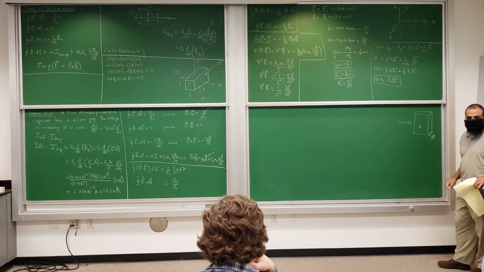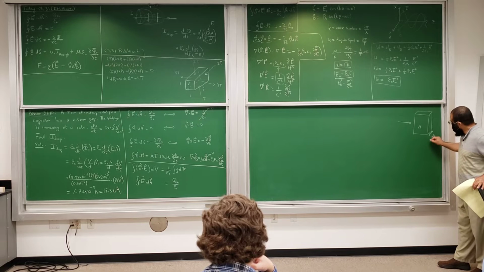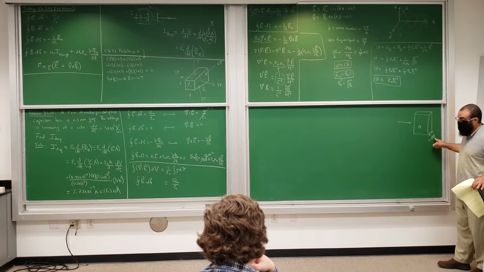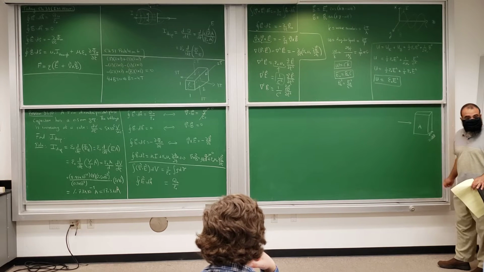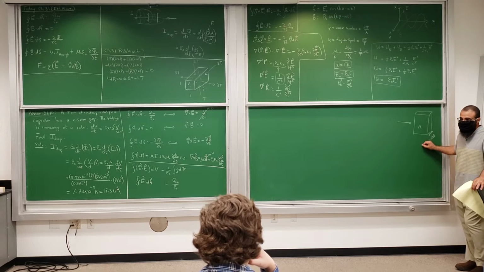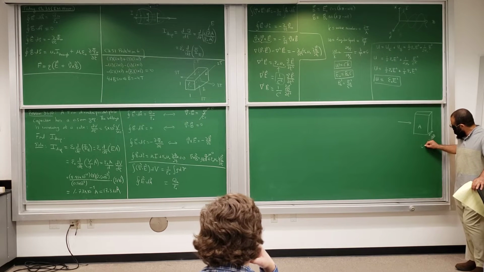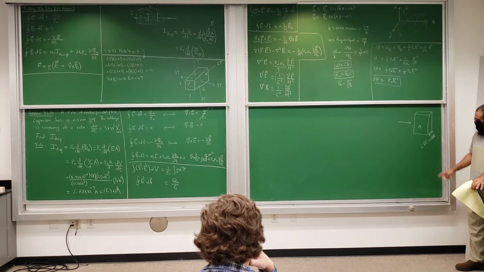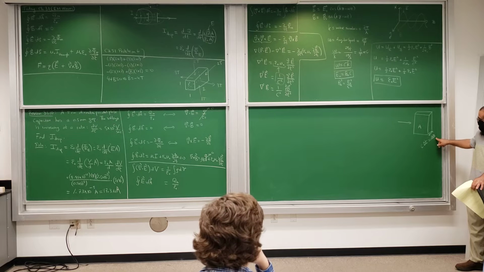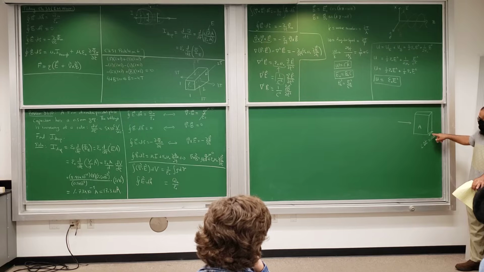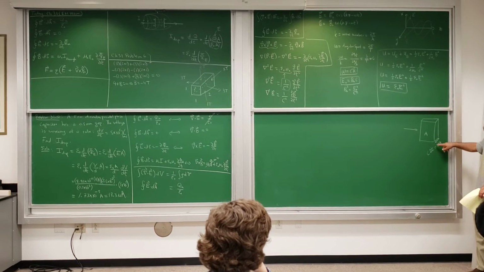How far do they travel in a time delta t? Delta z is the speed times time, right? Speed times time will give you distance. But what's the speed? Speed of light. C times delta t. So the amount of volume that they have filled is A times the thickness, so A times delta z, so it would be A C delta t.